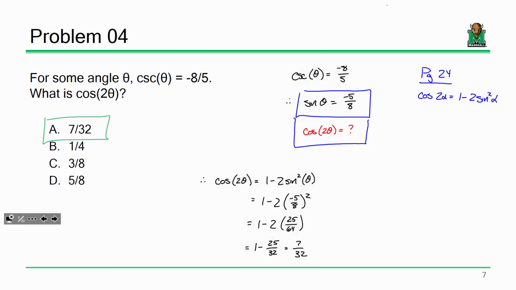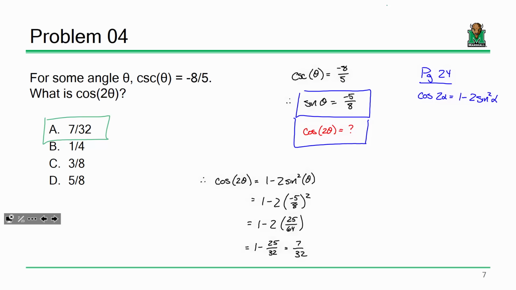Isn't too bad, right? In the beginning, could you say 1 over arc sine of minus 8 over 5? Instead of flipping the fraction to 5 over 8, could you say 1 over sine of minus 8 over 5?